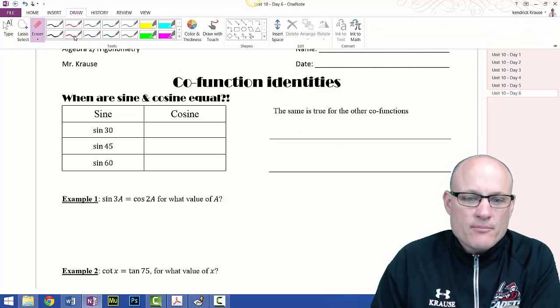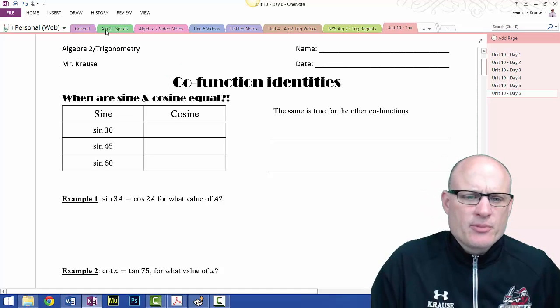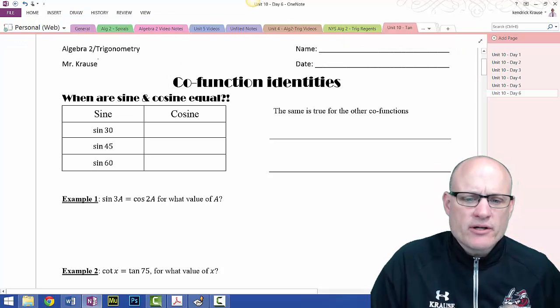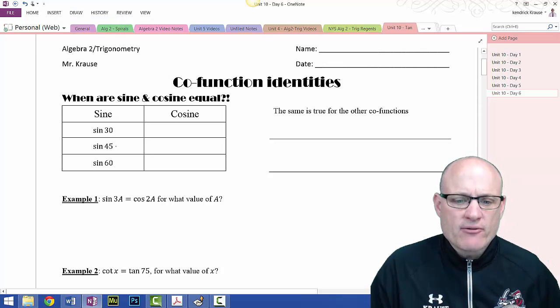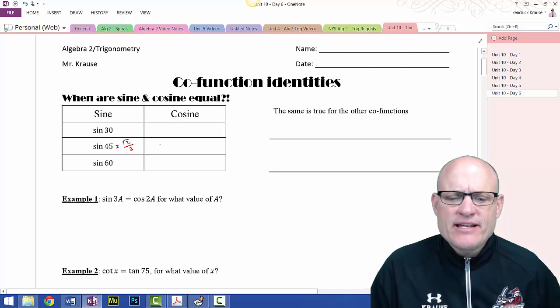All right, so anyway, something we've already talked about in class, but hopefully you know this. You already know that the sine of 45 is equal to the square root of 2 over 2. And cosine of 45 is also equal to the square root of 2 over 2.